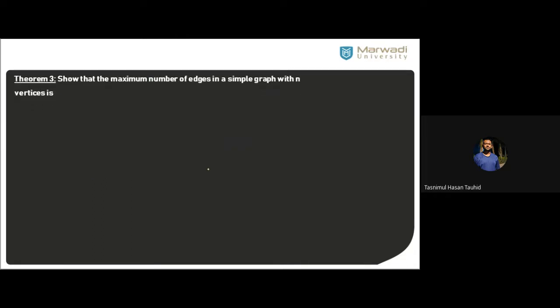Let's go for the next theorem. Another important theorem, the most important one, is theorem number 3. The maximum number of edges in a simple graph with n vertices is n into n plus 1 by 2.